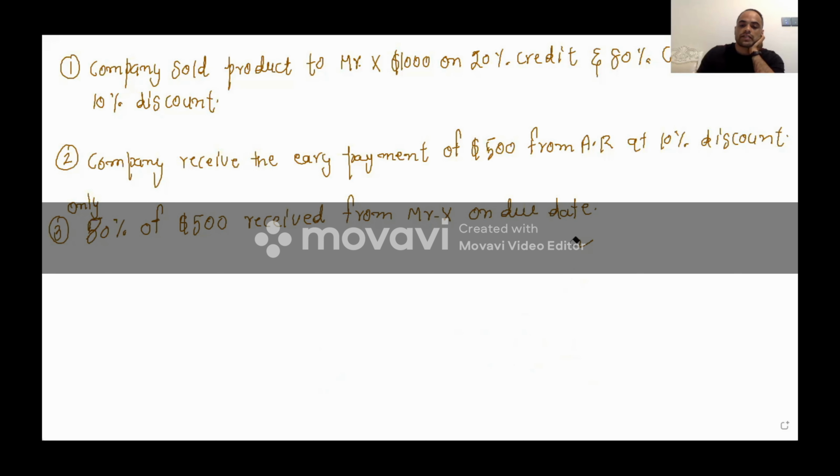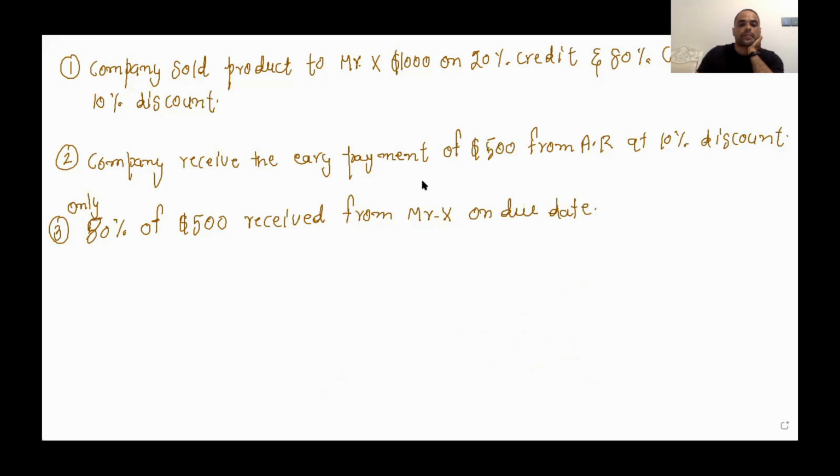So give me the answer for the first question, which is: company sold product to Mr. X, 1,000 on 20% credit and 80% cash with 10% discounts.